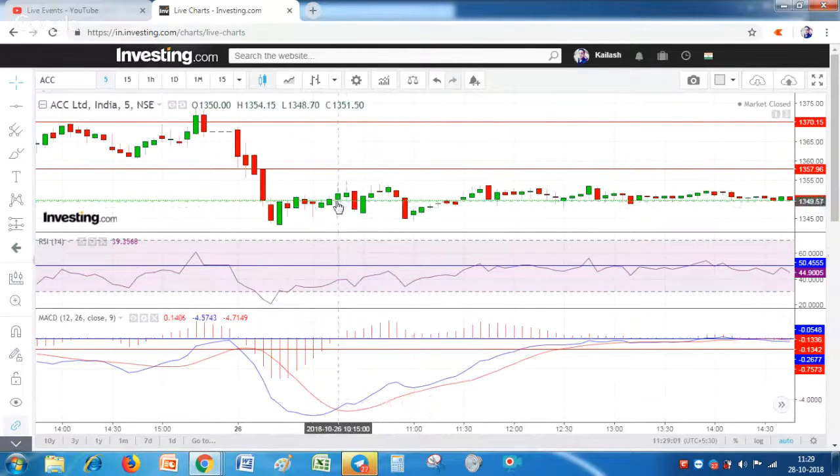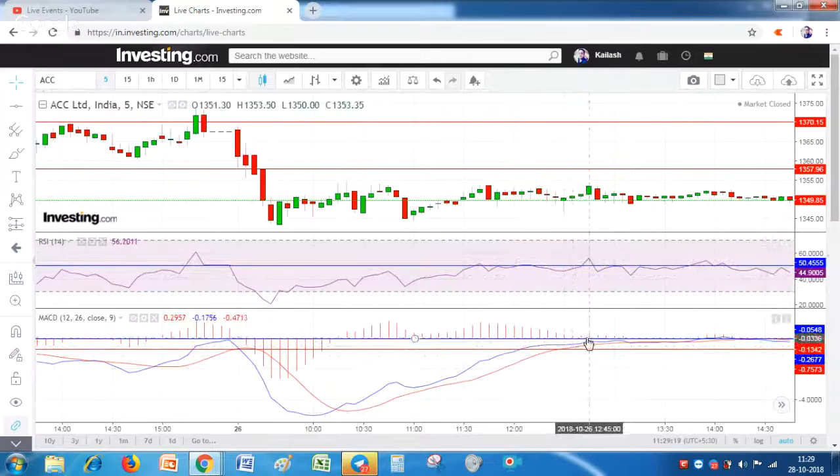That is the right exit for safe traders. But those who have the capacity to take more risk would stay on the sell side till the stock crosses above 50 and sustains above 50.